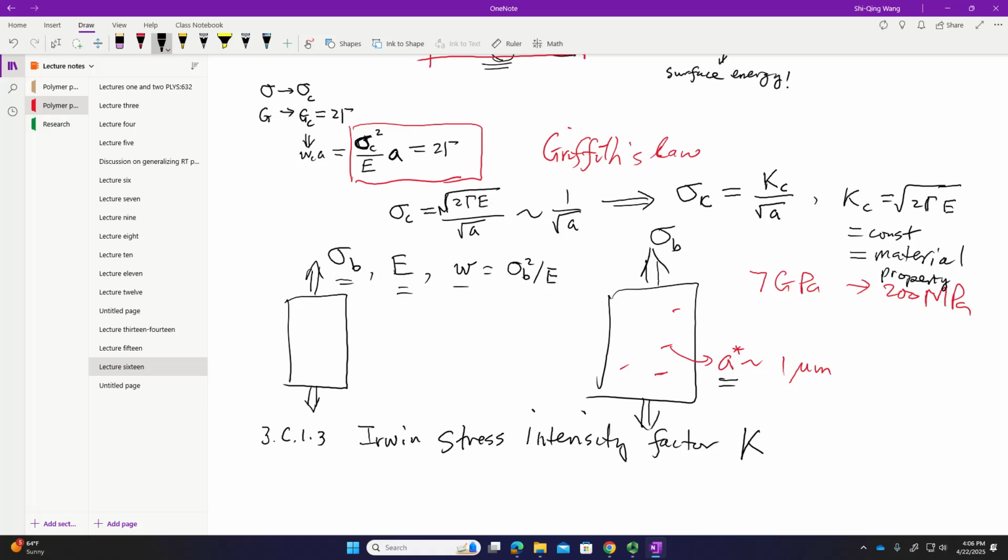And in the case of Griffith's account, indeed it's a material property because it depends on Young's modulus and surface tension. Bingo. So this is a tremendous success of Griffith trying to explain why window glass was much weaker.